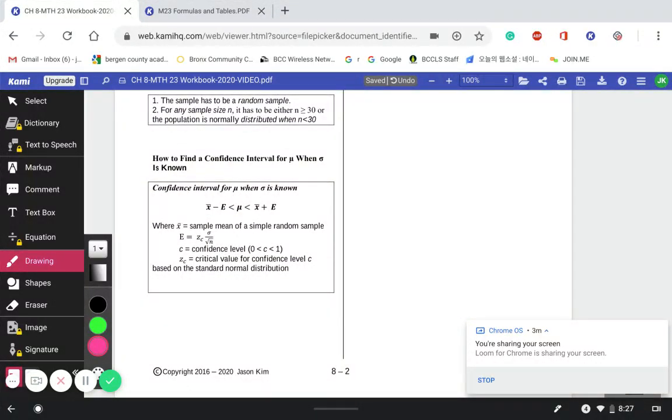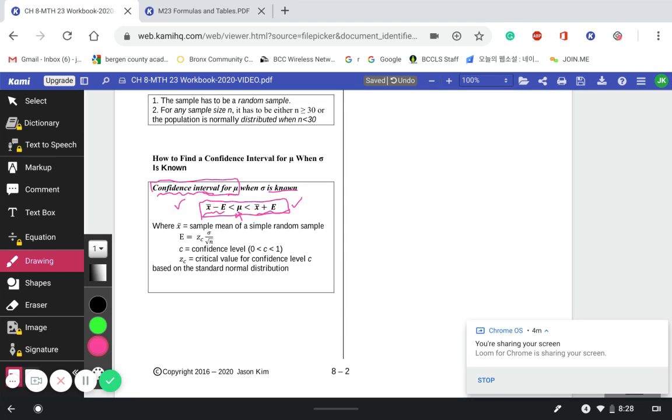Okay, we use the technical form of the confidence interval for mu when sigma is known. So whenever they ask for the confidence interval for mu, we want to have it in a format like this: x bar minus E and x bar plus E. So this mean value ranges from x bar plus E as the higher level and x bar minus E for the lower range.